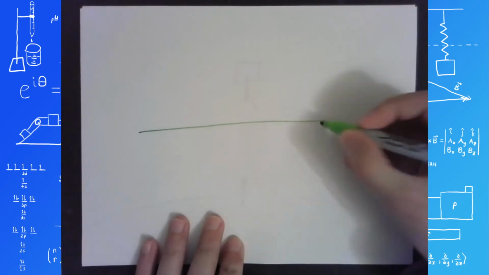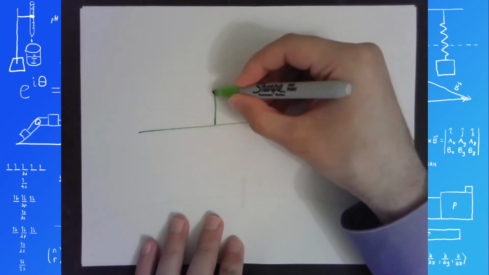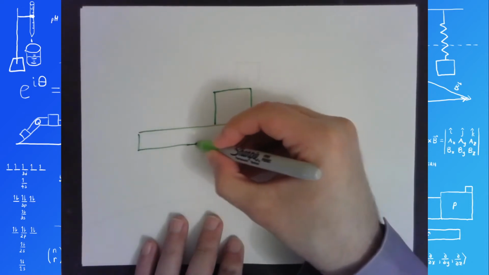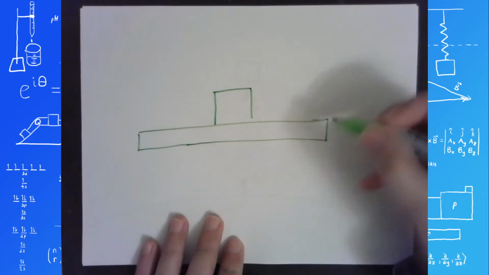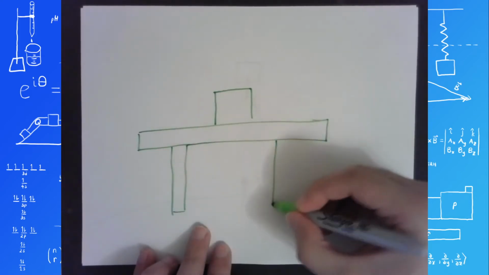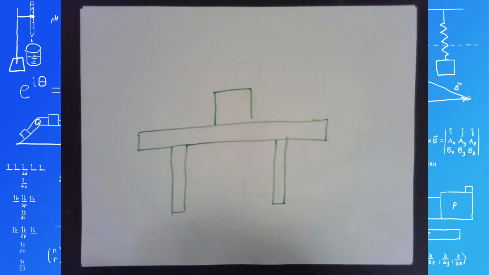They drew a block on the ground or on a table, let's say on a table. So I'll draw a little table here.